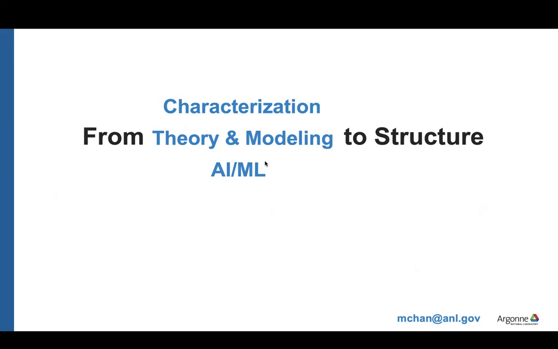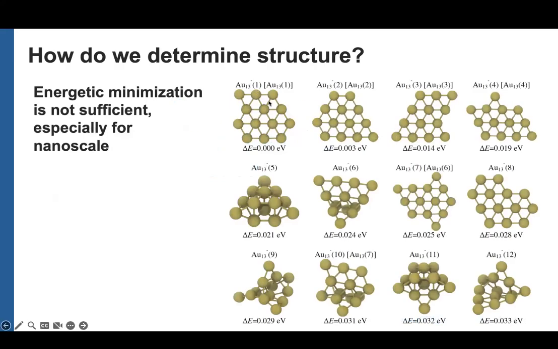Because real life is not perfect. There's a lot of nanoscale variations, interfaces, surfaces, a lot of complexity that isn't in bulk perfect crystals that we need to determine. So one example, this was a gold nanocluster project we were interested in.